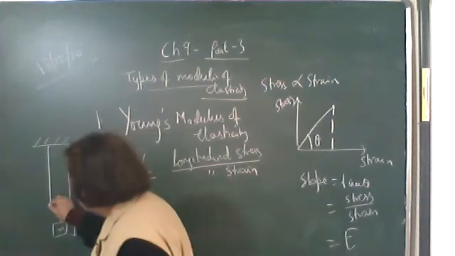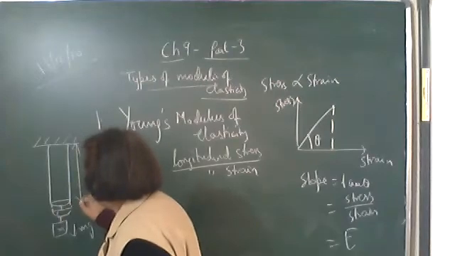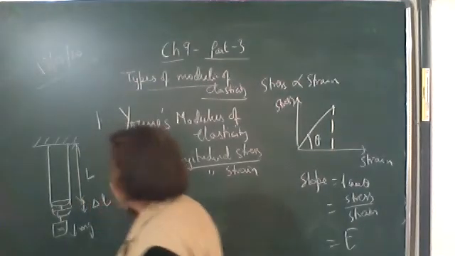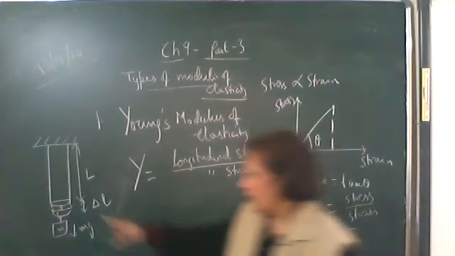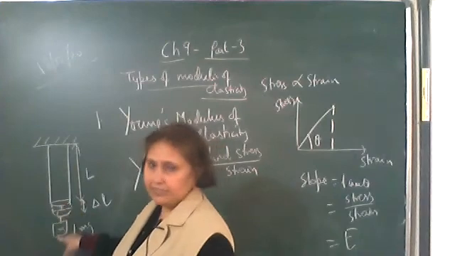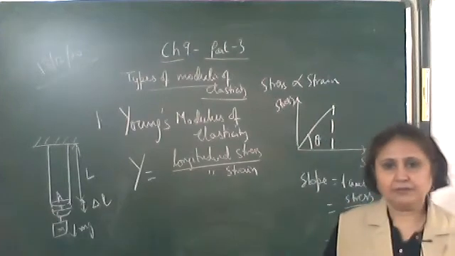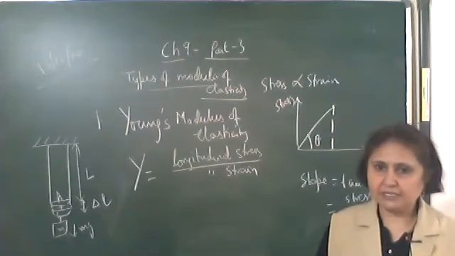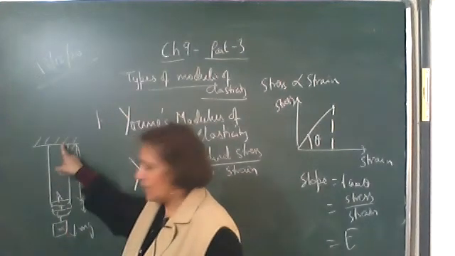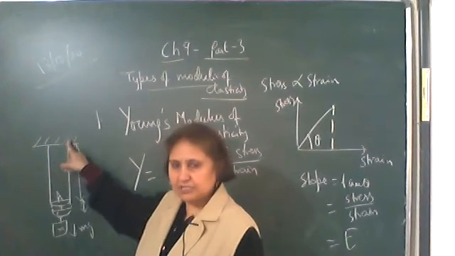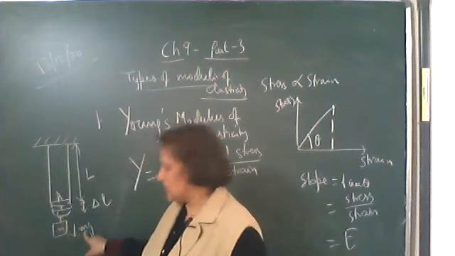Now let the length increase by delta L. And the cross-sectional area on which this force is applied, let the cross-sectional area be capital A. So a wire or a rod whose one end is fixed to the rigid support, and the other free end is loaded by a weight mg.